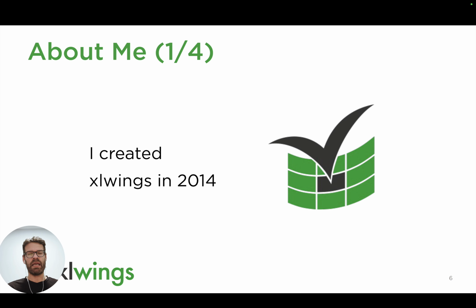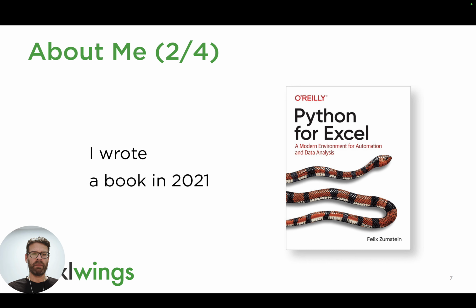All right, so that's been a bit of time. That was back in 2014. Five years ago I wrote the book, and it came out four years ago. A book about Python for Excel in general, so that's about xlwings, but it's also about all the other packages that you'd want to use in Python to work together with Excel.